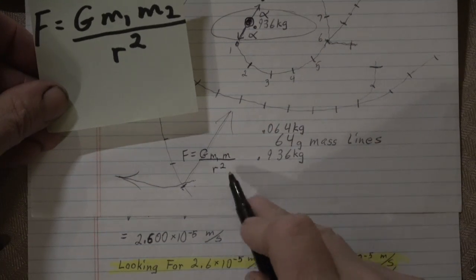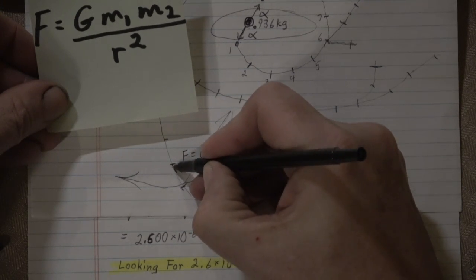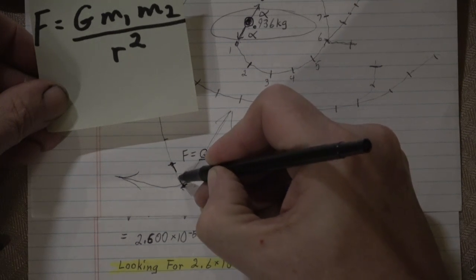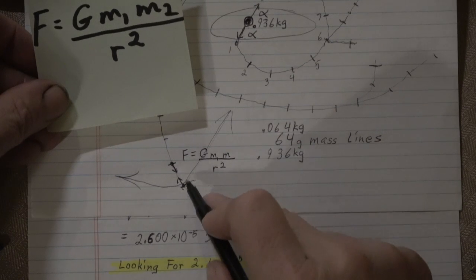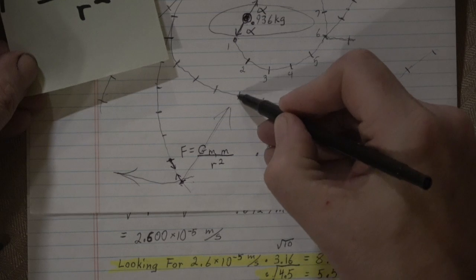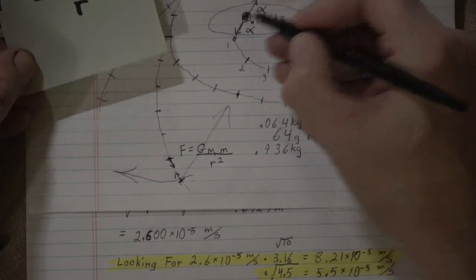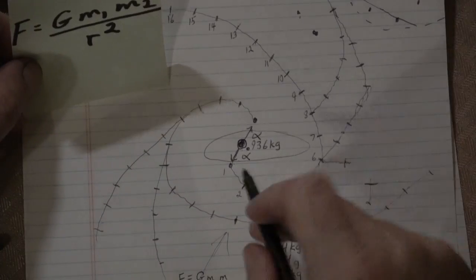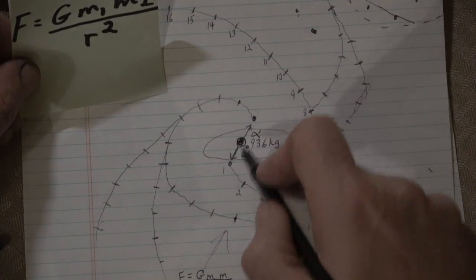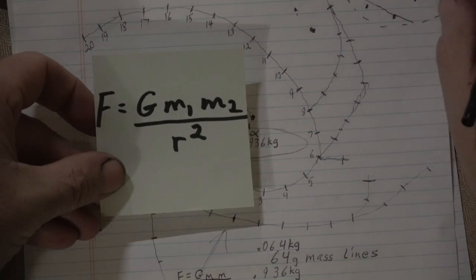Now what this r squared does is it says that the draw between this mass and this mass, the closer you get to it, the more those forces draw them together and the more they bind to themselves. So this mass here, being very far away, has very little force on it. This mass in the center, even though it is quite massive, is also very, very far away, and forces do work under r squared.